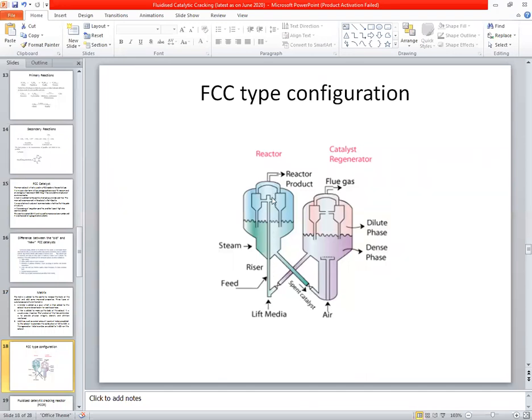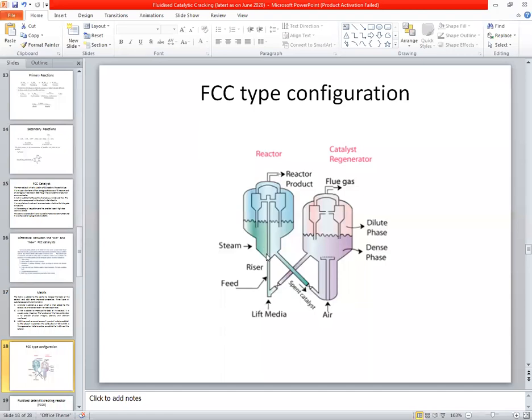So higher velocity and higher pneumatic pressure should be here. So the feed with lift media enters from the bottom, and from the bottom the regenerated catalyst is also added.